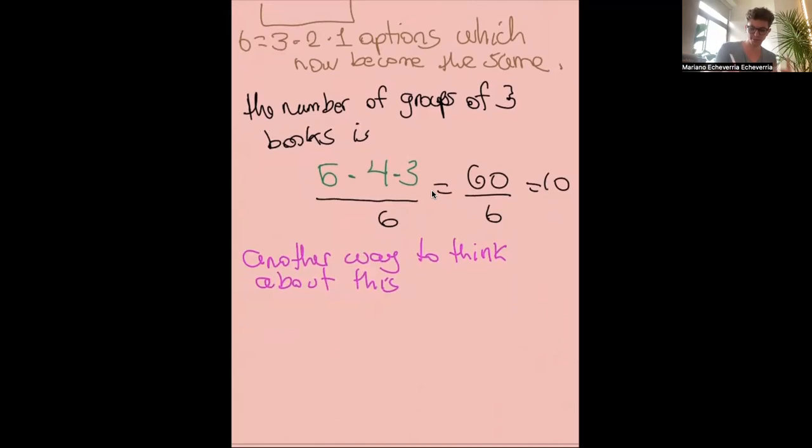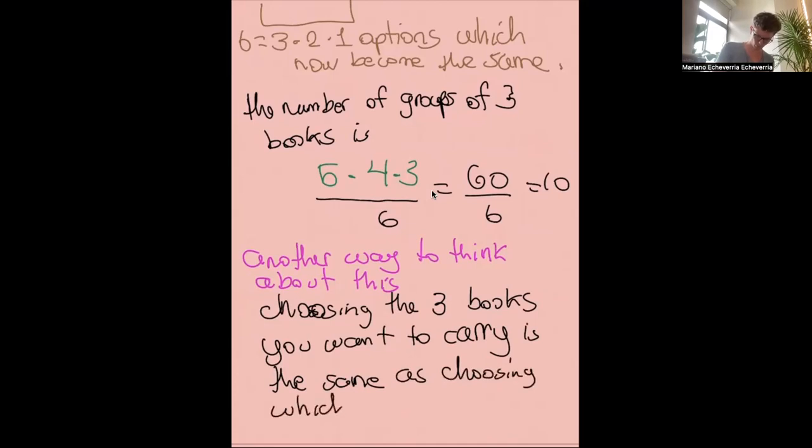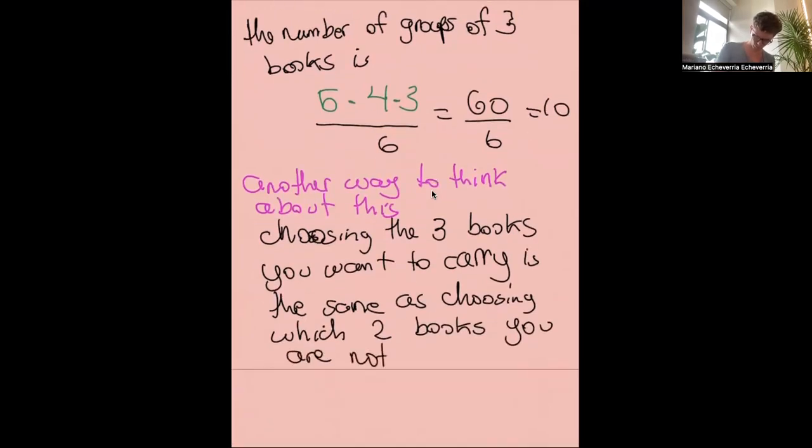Choosing the 3 books that you want to carry is the same as deciding which 2 books are staying on the table, which you're not carrying. Is that making sense?